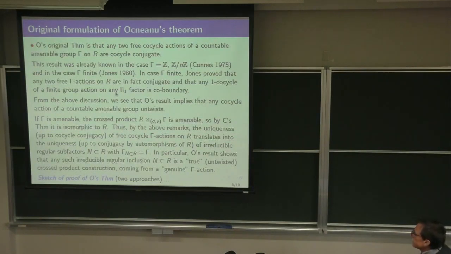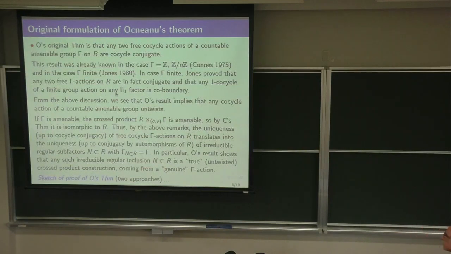So in particular, one more time, Ocneanu's result shows that any such irreducible regular inclusion N into R is a true untwisted crossed product, coming from a genuine Gamma action. Actually, I put it also at the end of the formulation, on the first page of this.